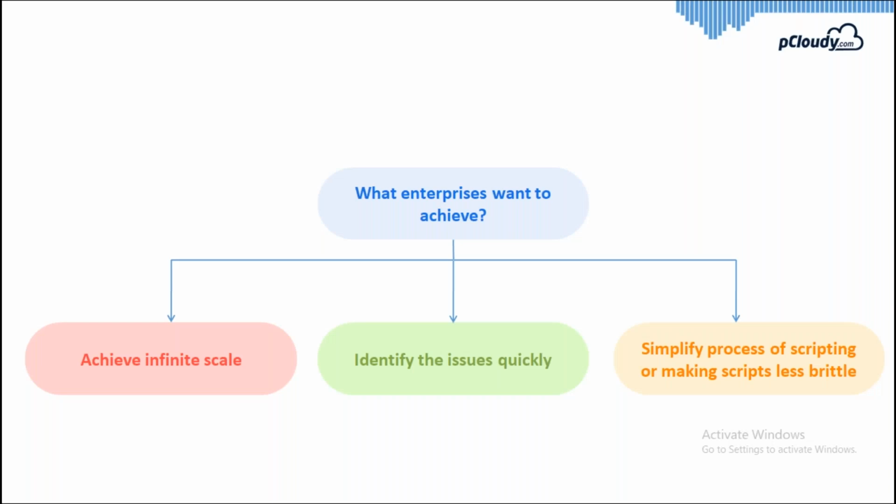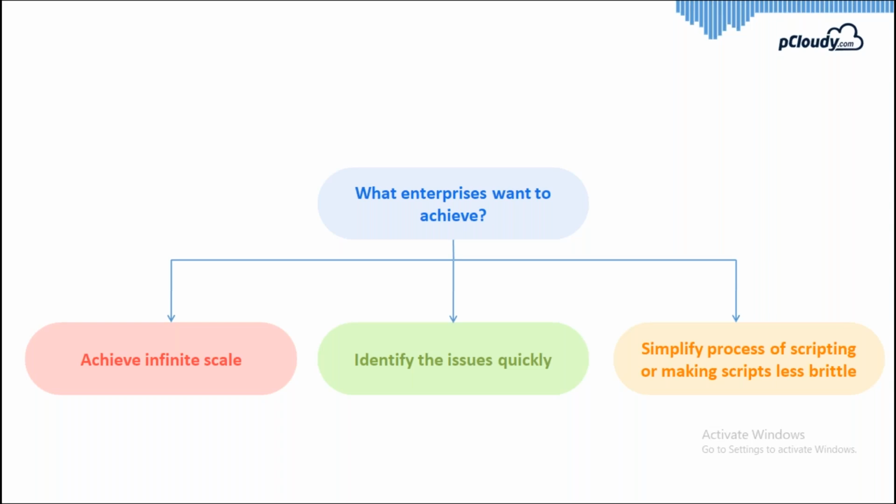So these are a couple of challenges. Though APM is being used widely, it also poses some serious challenges for the enterprises today. And of course, we are going to highlight the pCloudy way of solving these challenges in the upcoming slides. So these are the three different challenges as you are seeing on the screen here, right? Let's see each one by one in the upcoming slides, right?